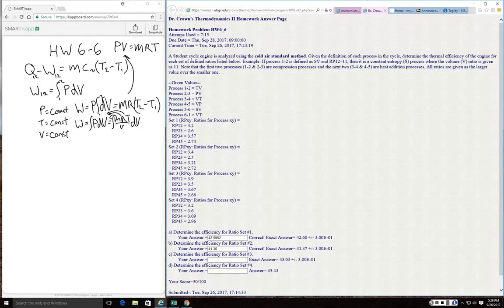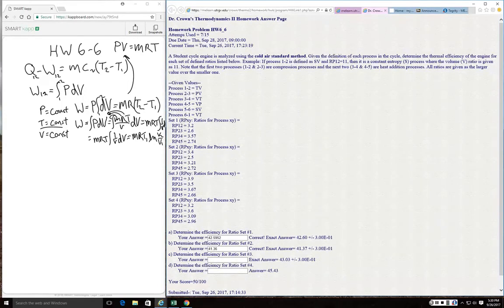The mass is constant, the gas constant is constant, and so I get M R T and then the integral of 1 over V dV. I'm running out of room there, so let me write that below here. Equals MRT integral 1 over V dV, which is MRT1. I can put T2 or T1 since they're the same, natural log of V2 over V1.